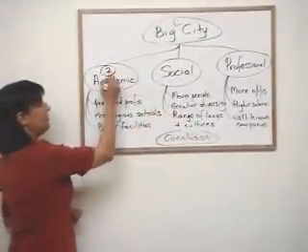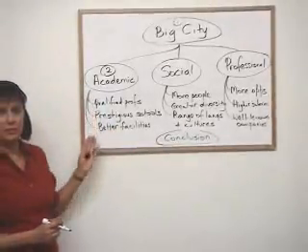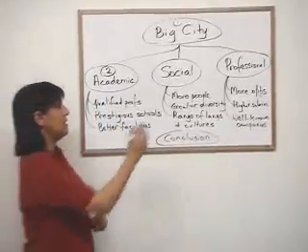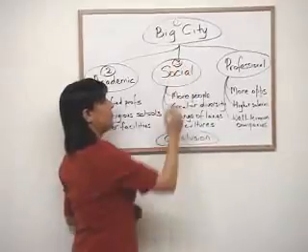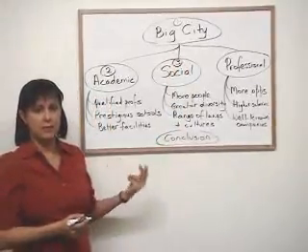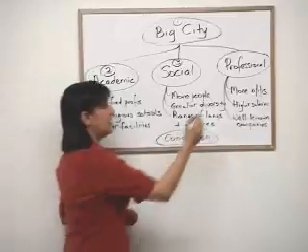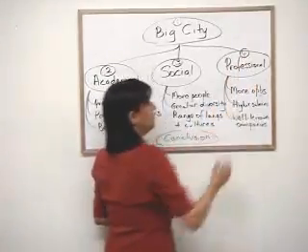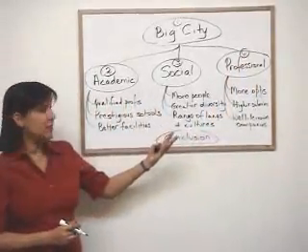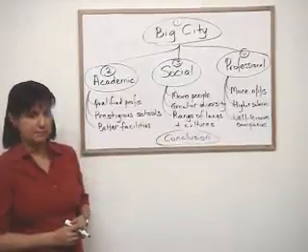The second paragraph is where you would go into detail about the academic reasons. The third paragraph would be where you go into detail about the social reasons. And the fourth paragraph would be where you elaborate on the professional reasons.